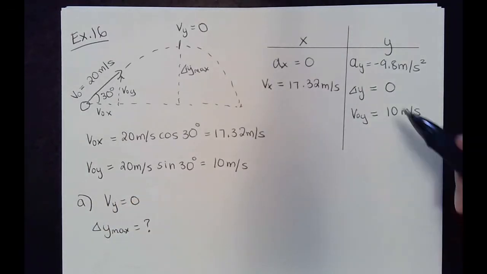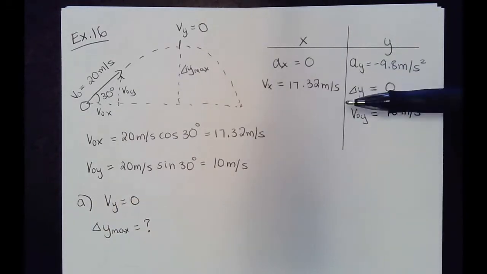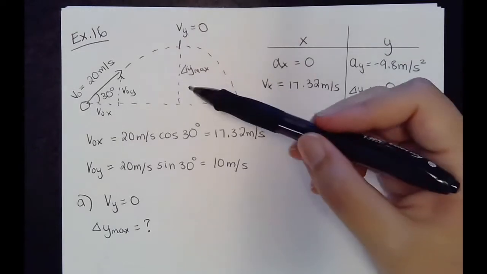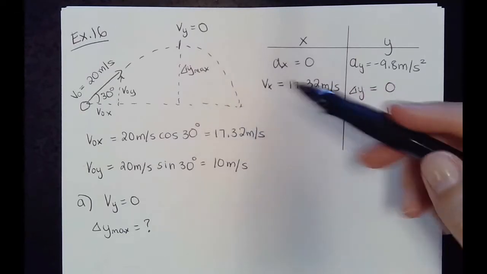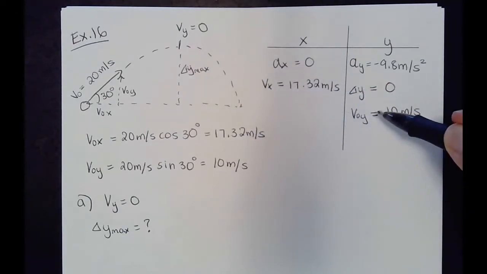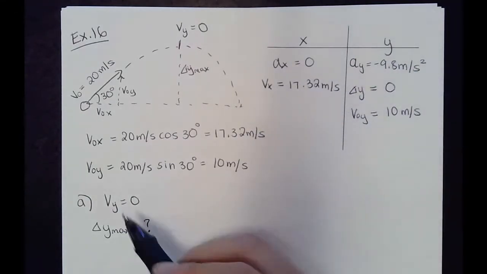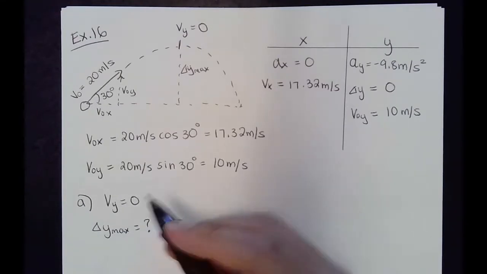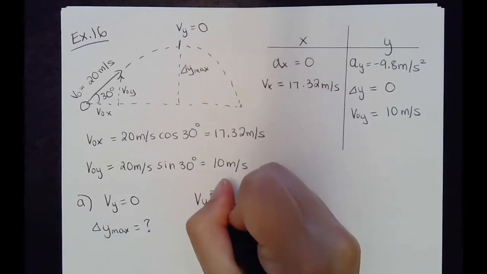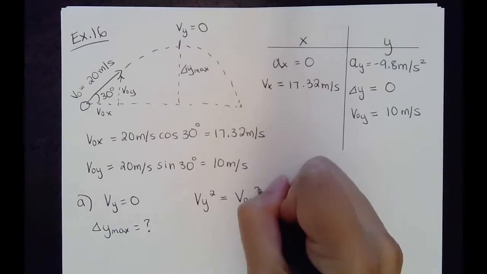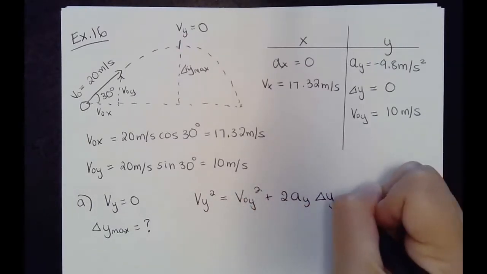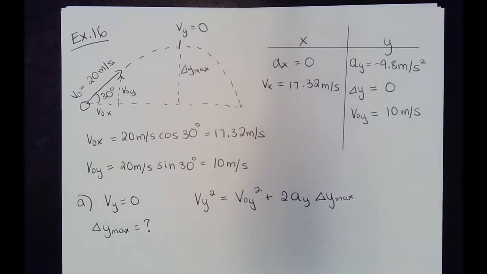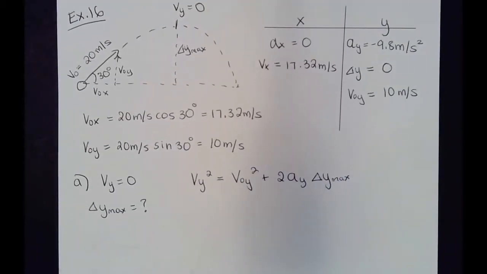So we want delta y max, and we have Vy final equals 0. So what I'm not going to use is delta y is 0. That's for the overall motion, where we're just looking at half the motion in this case, and we want delta y. So I'm going to choose an equation that has V initial, acceleration, V final, and delta y. So that's the one without time. Vy squared equals V naught y squared plus 2ay delta y, I'll label that as delta y max. And then we can solve here.